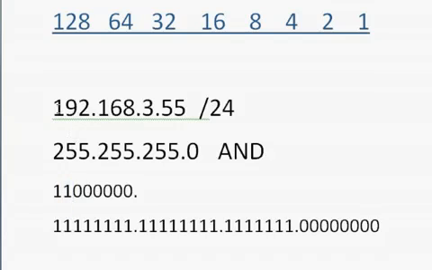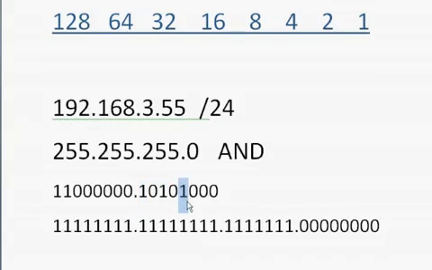And then 168, well, this is how you do it. You say, do I need a 128? Yes, 128. Do I need a 64? No. Do I need a 32? Yes. 128 plus 32 is 160, right? So I don't need a 16-bit, but I do need an 8-bit. And now I have the number 168 in binary. 128 plus 32 is 160, plus 8 is 168.